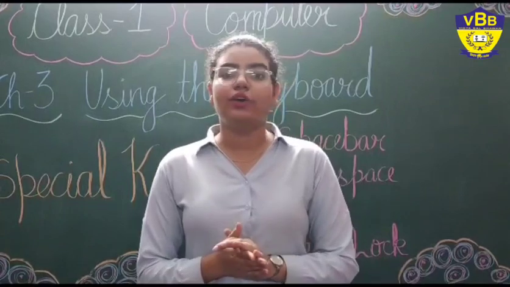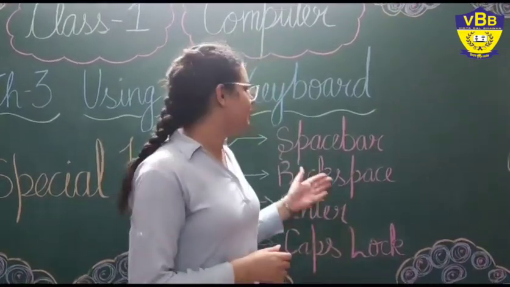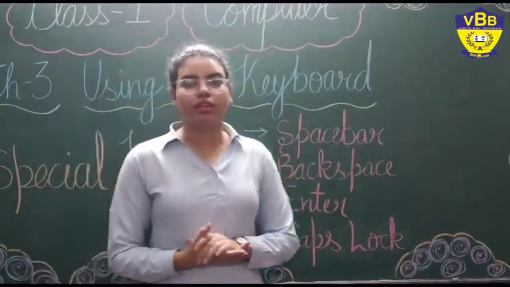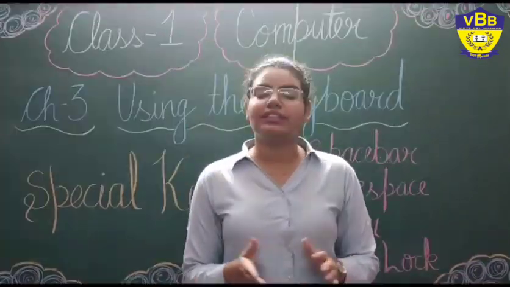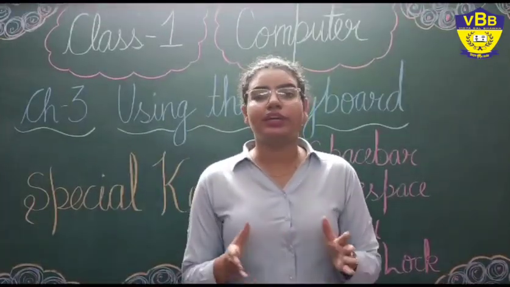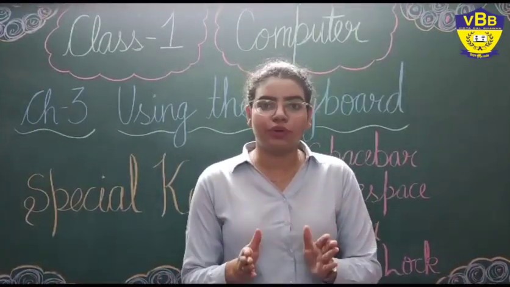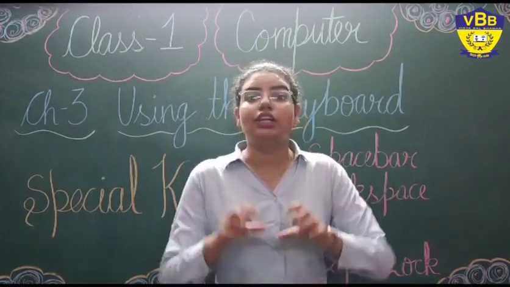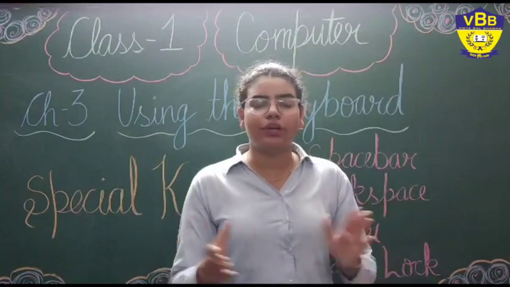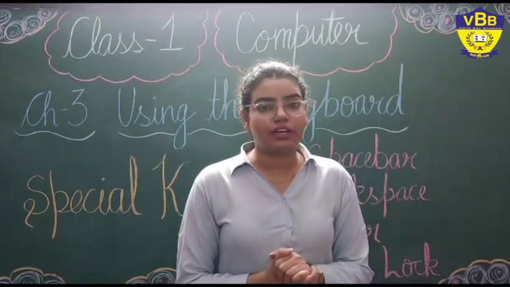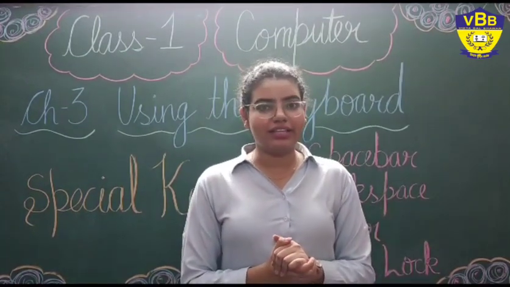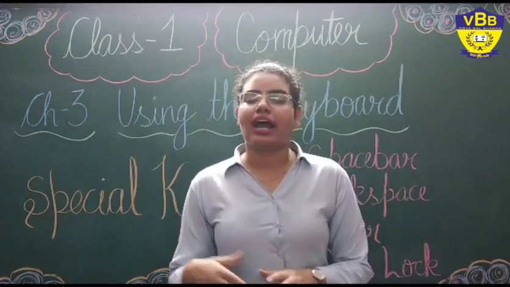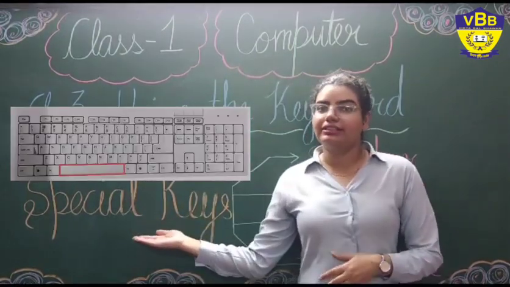So let's start with our first key, which is spacebar. What is a spacebar? The spacebar key is used to create some space between words while typing. This spacebar key is the longest key on the keyboard. You have all seen, right, when I showed you the keyboard? So as you can see in this picture, this is the keyboard.